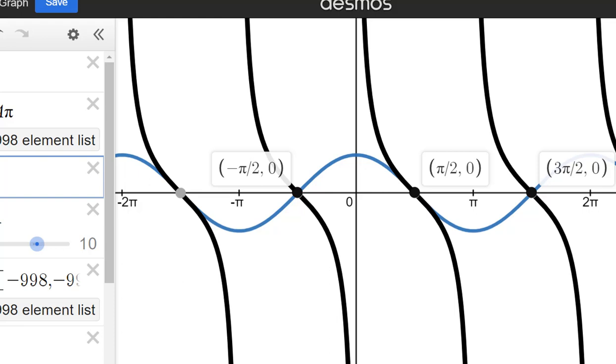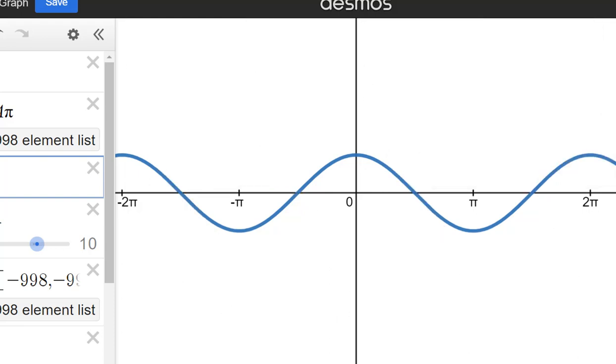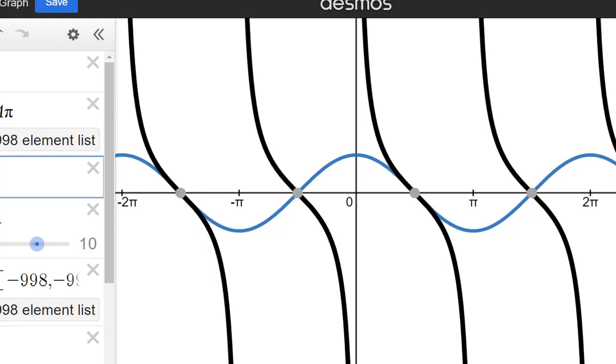Now, there are other areas here where we can see these vertical asymptotes going on, because the graph looks like it shoots up forever and also shoots down forever. So it's going to approach positive infinity and negative infinity on opposite sides of our asymptotes. But then I want you to notice where these things happen.